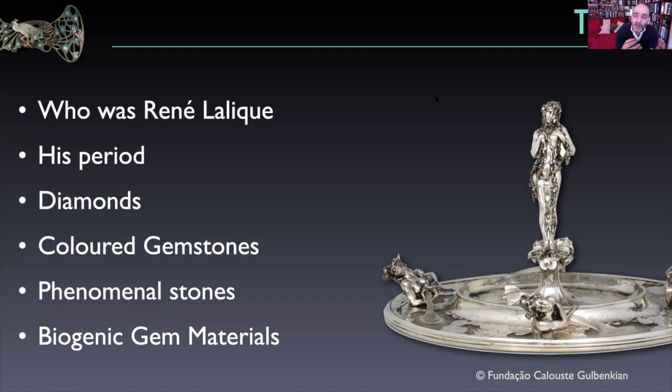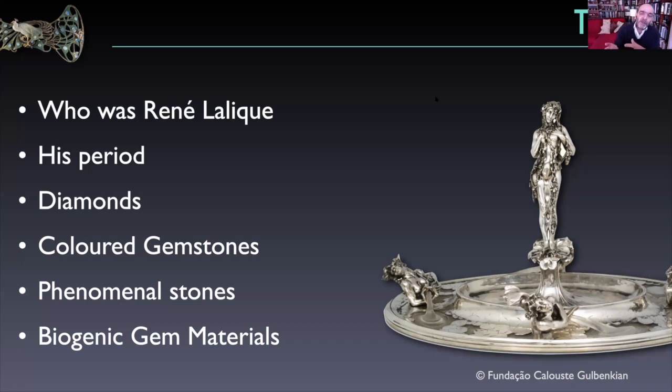He used diamonds, and we will see how he used diamonds. A lot of colored gemstones, because he was a colorful man, particularly in 2 colors, green and blue, or greenish blue, bluish green. Green and blue was actually his favorite color, if we look closely.